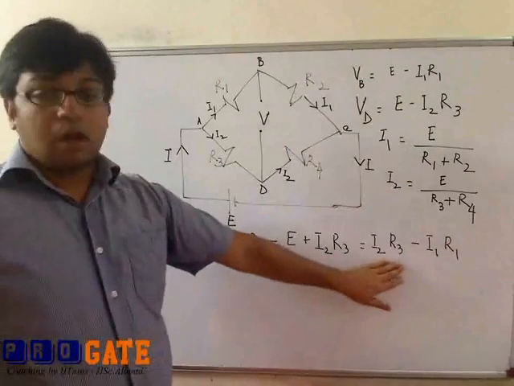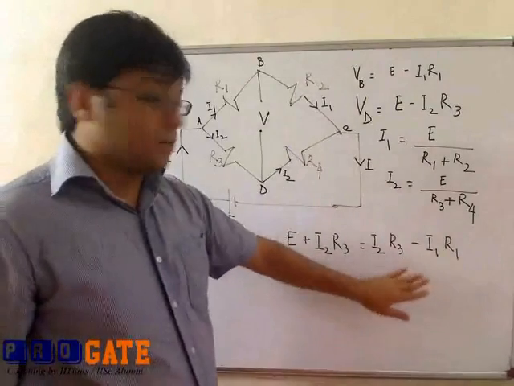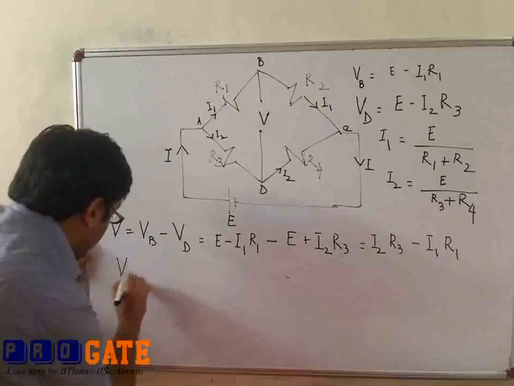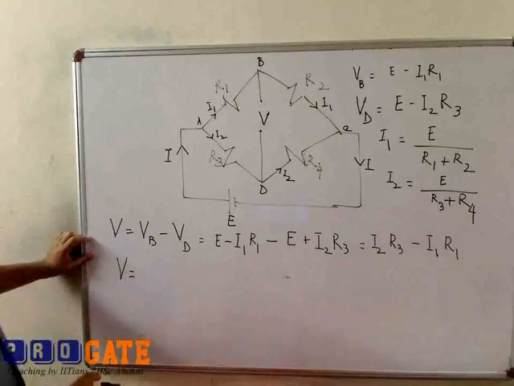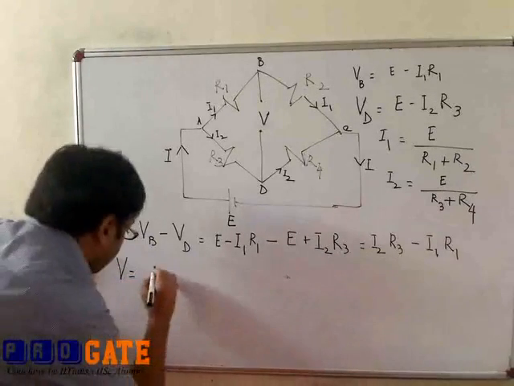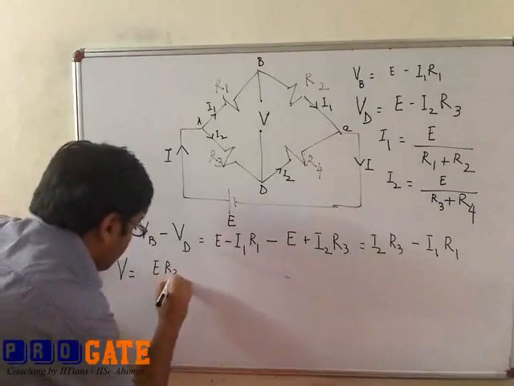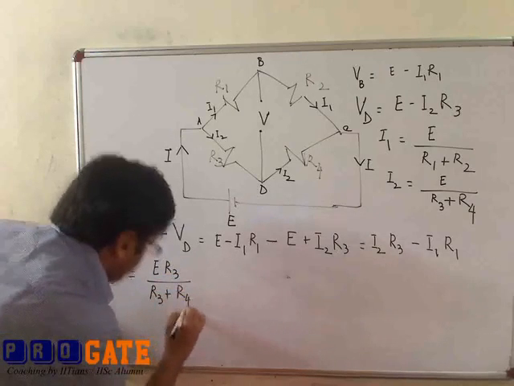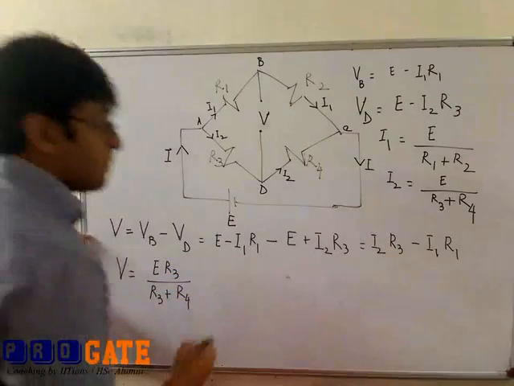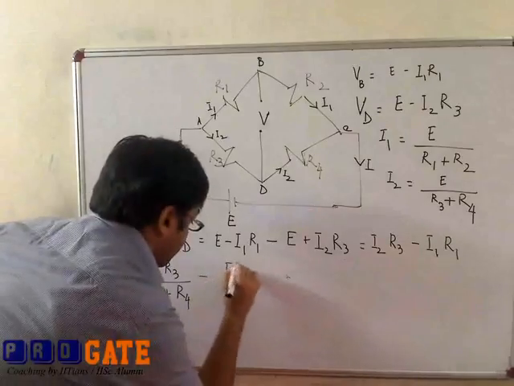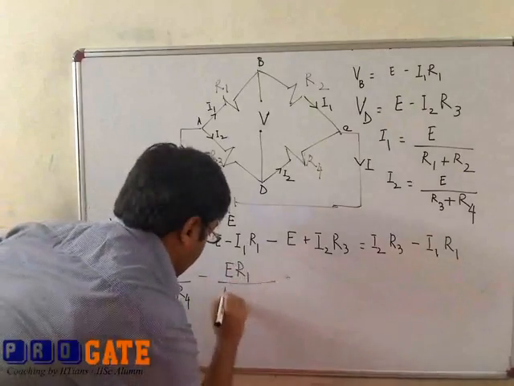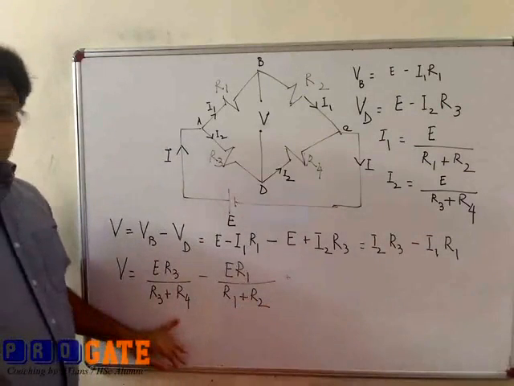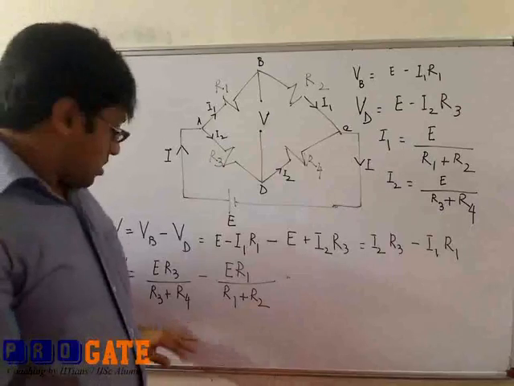We get this. Now substituting the values of I2 and I1 into this equation, we'll try and find what V is. So this is the output voltage V.